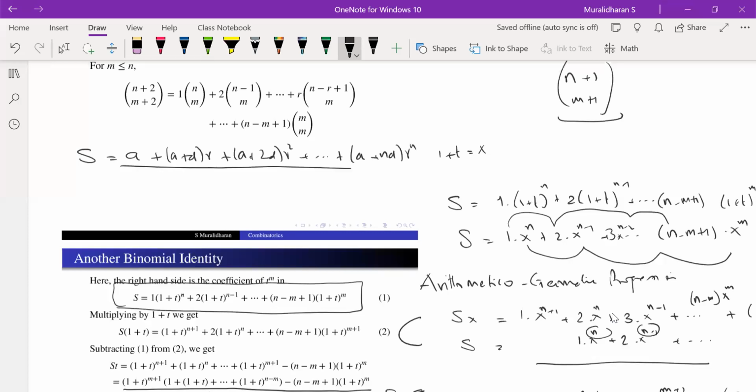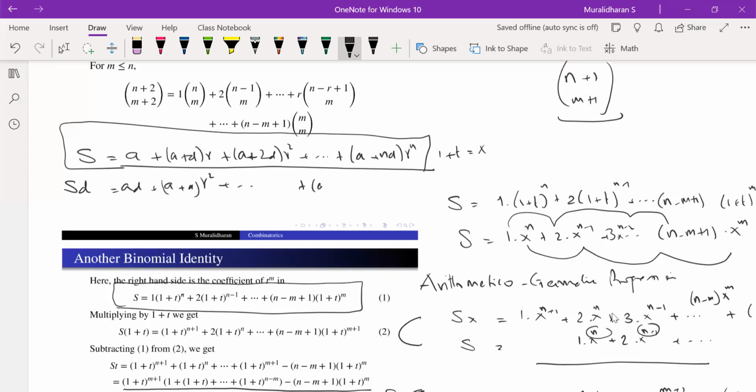You must know how to sum up this kind of combined progression, that is arithmetic or geometric series. And again, the same method will work. You just multiply with the common ratio. This will be a plus d into r square and so on up to a plus nd into r power n plus 1, and then subtract.